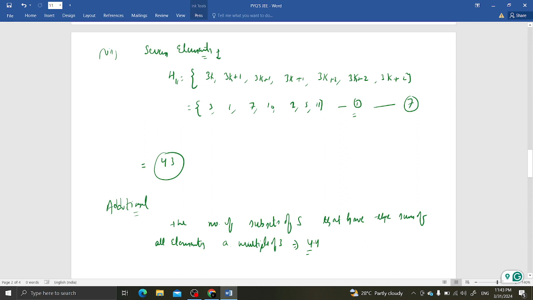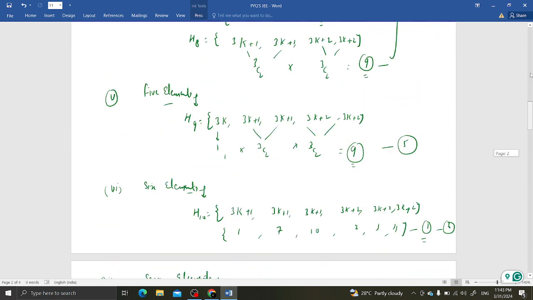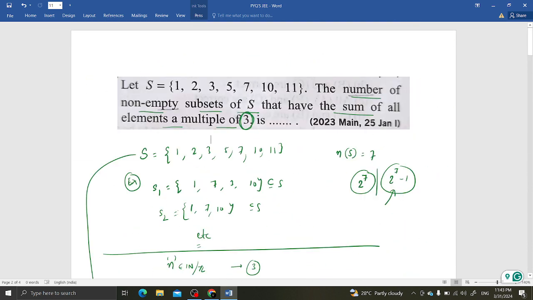So that's why we say 44 in that situation. But here they are asking for non-empty subsets, so we have exactly 43. So the answer to this question is 43.